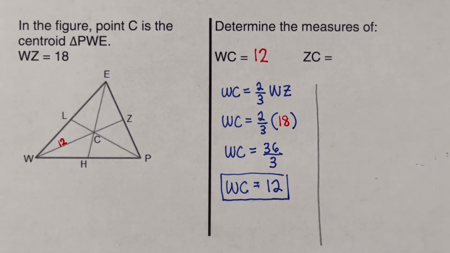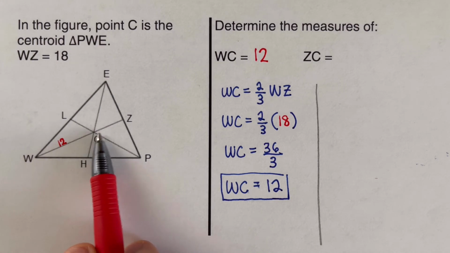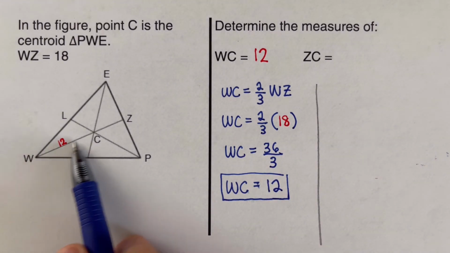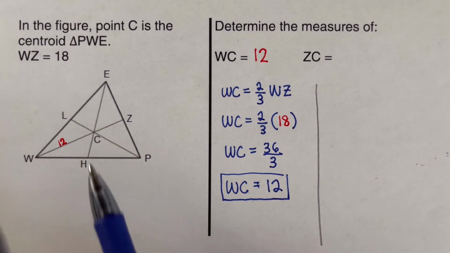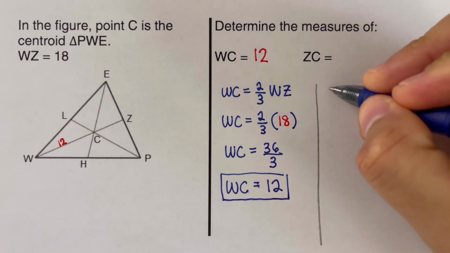Looking at this, we know that the whole thing was 18 and we already got WC. We wanted to solve for CZ. We are going to use the segment addition postulate, which tells us that the whole thing is the sum of the two segments. So we can write that up here.